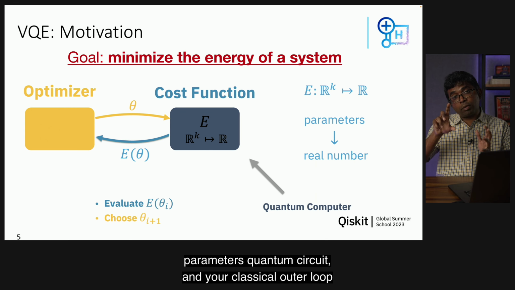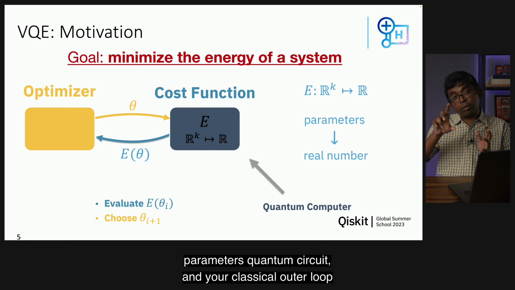Then you apply a layer of single qubit gates, those are the U gates, and they're parametrized. And then you apply a layer of entangler, which you could imagine as a ladder of 2 qubit gates or some other combination of 2 qubit gates, which basically creates maximal entanglement.